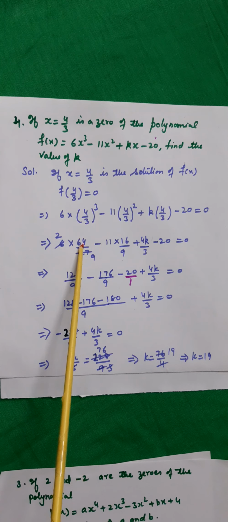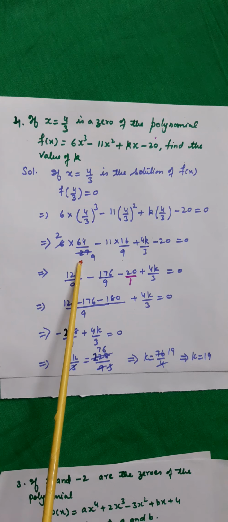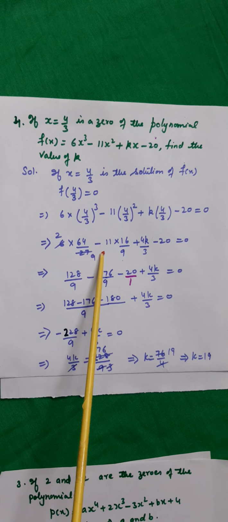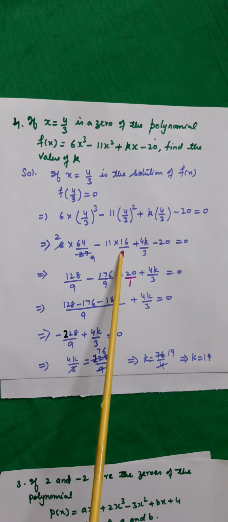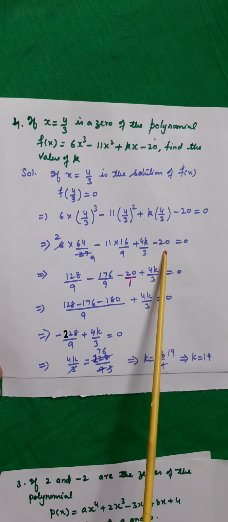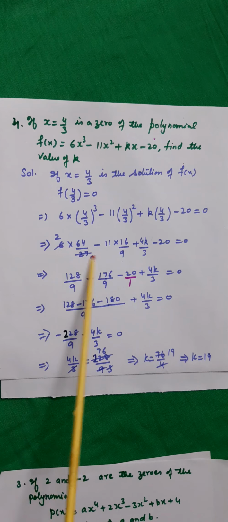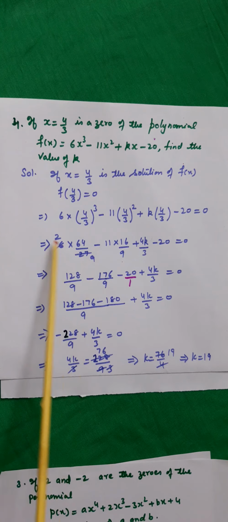This gives me 64 upon 27. So I have 6 into 64 upon 27 minus 11 into 16 upon 9 plus 4k minus 20 is equal to 0, which implies 6 and 27, they can be cancelled with the table of 3.